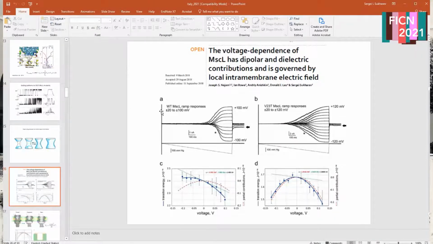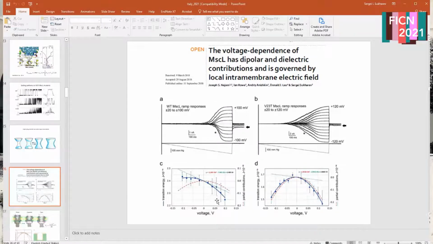And for the wild type, the energy is huge. You see that the midpoint at different voltages changes its position. It means that the energy is different at different voltages. This is the energy of opening under the action of tension. So tension is the stimulus, and the voltage is a modulating factor here.